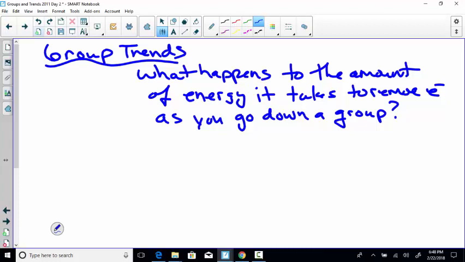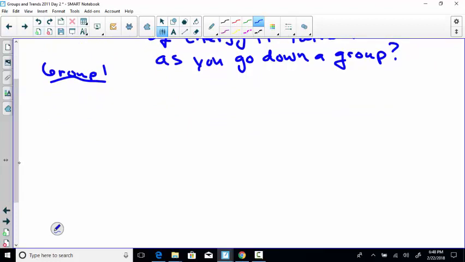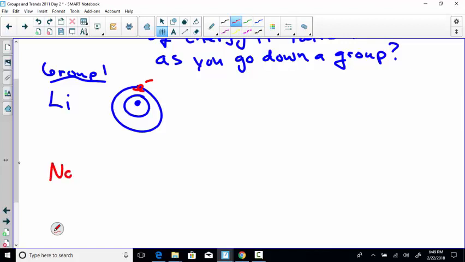So again, it's easiest to take group 1 as our group. We're going to look at what happens with group 1 elements, and we'll start with lithium. Again, it's easiest to think about these in terms of Bohr models. Lithium has 1 electron in that first energy level.